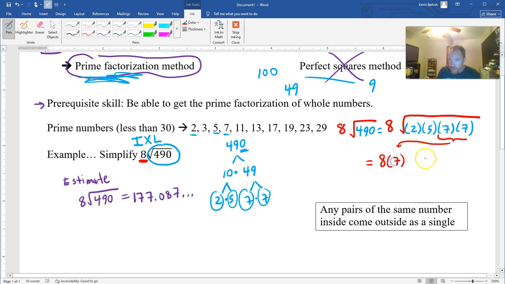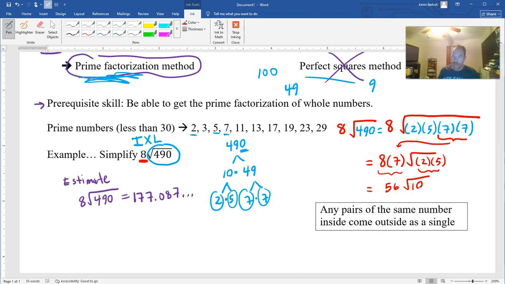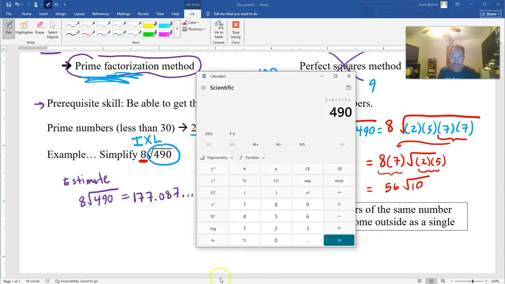So a single 7 comes outside, and inside that 2 and the 5 will stay. And then if we do the multiplication outside, 8 times 7 is 56. We do the multiplication inside, 2 times 5 is 10, that's inside the square root. And then let's just check here, 56 times the square root of 10. I hope we get that 177. 56 times 10's square root equals 177.087, so it looks good.